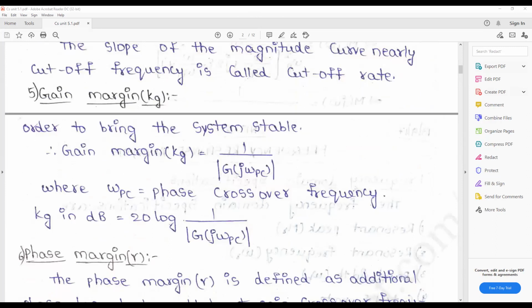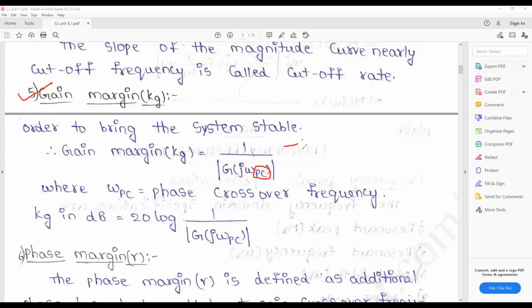Gain margin means 1 by modulus of G of j omega PC. What is PC? Phase crossover frequency. PC means phase crossover frequency.